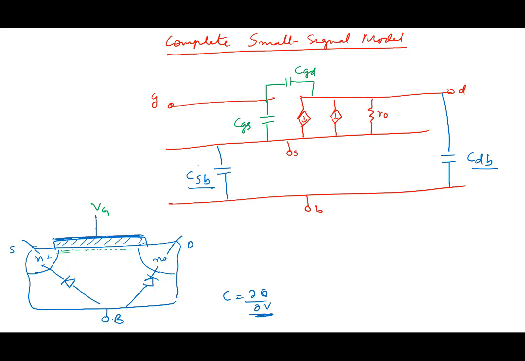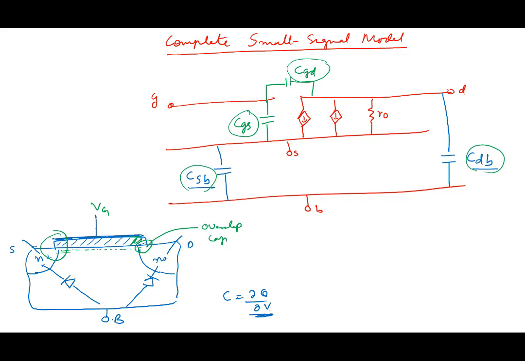So you see source to body capacitance, drain to body capacitance, CGS, CGD. The CGS and CGD also come because there's an overlap region here. Apart from the inversion layer, there's an overlap capacitance: there's a gate here, a silicon dioxide here, and an N plus here. So there's an overlap here.